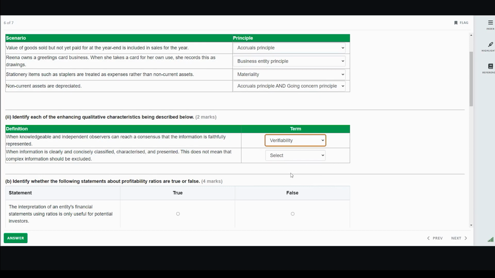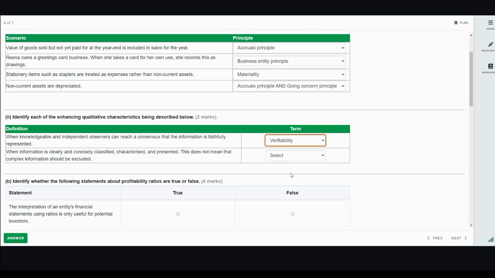When information is clearly and concisely classified, characterised and presented, this does not mean that complex information should be excluded. So this is about putting together the accounts and explaining them in a way to different levels of people, or what they're actually telling you. Okay, so for instance, a finance manager might want to know what the profit for the year is and how that profit for the year compares to budget.